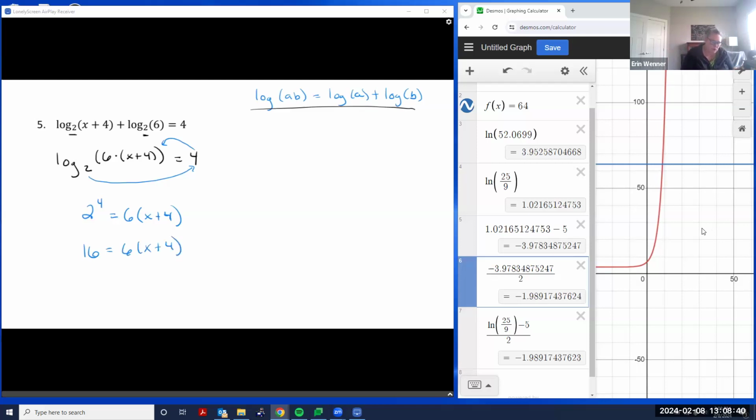And sure, you could divide both sides by 6. That's not going to be real helpful because it's automatically going to get you in a situation where your fraction's not going to reduce. So let's leave the fraction to the end and look at distributing first.